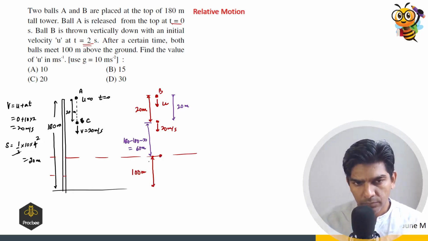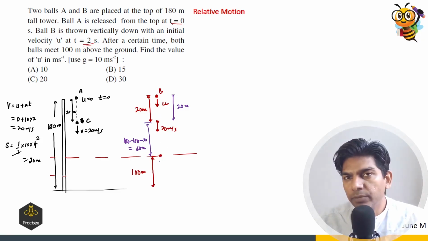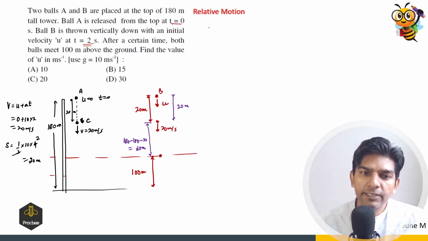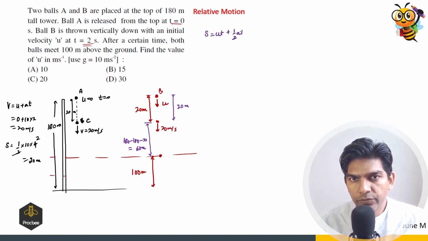So we know the displacement of ball A when both balls meet at 100 meters above the ground. So we can find the time when they meet. We can apply S equals ut plus half at square for the first ball.